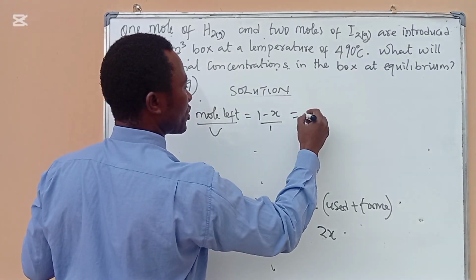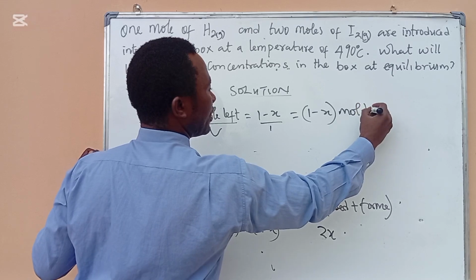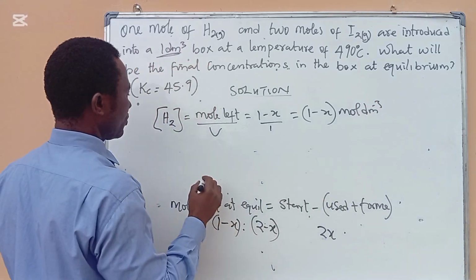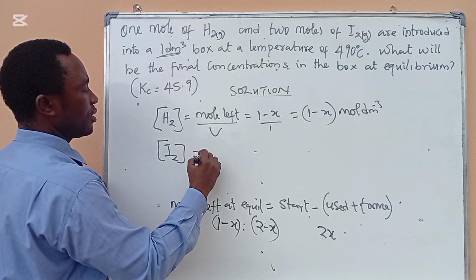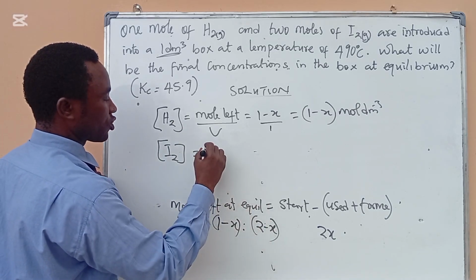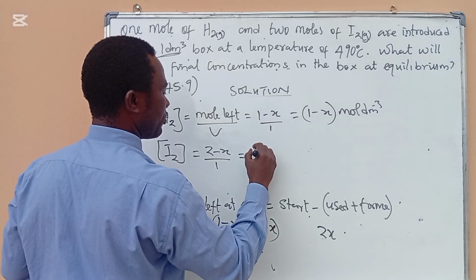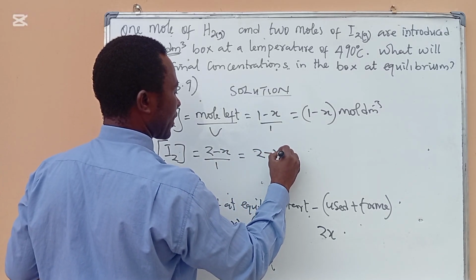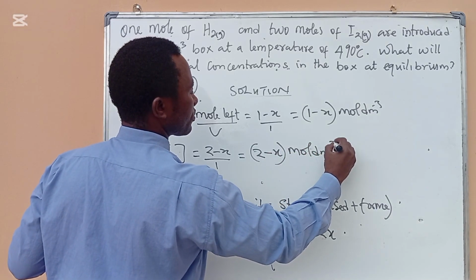So it still remains 1 minus X mole per dm cube. Now for iodine, the mole left at equilibrium is 2 minus X divided by 1. So that still becomes 2 minus X mole per dm cube.